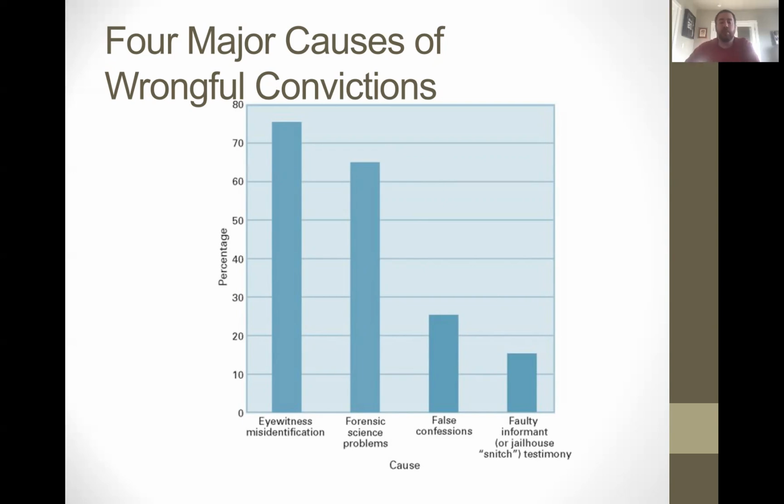And again, that's a way to read this chart as well, is that this is of the known wrongful convictions. 75% of those had eyewitness issues. Again, it's not saying that 75% of eyewitnesses are wrong. Just want to make sure everybody's crystal clear on this.